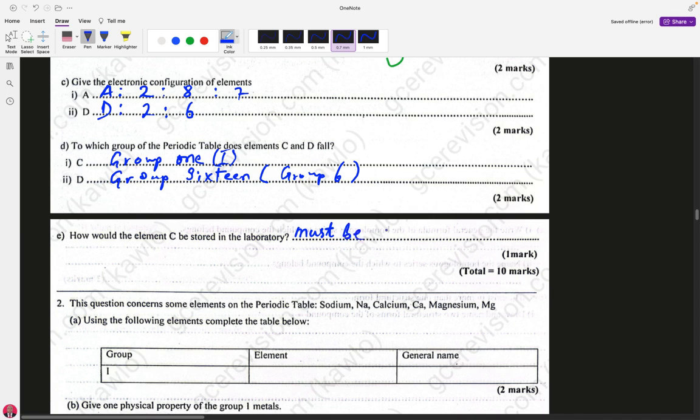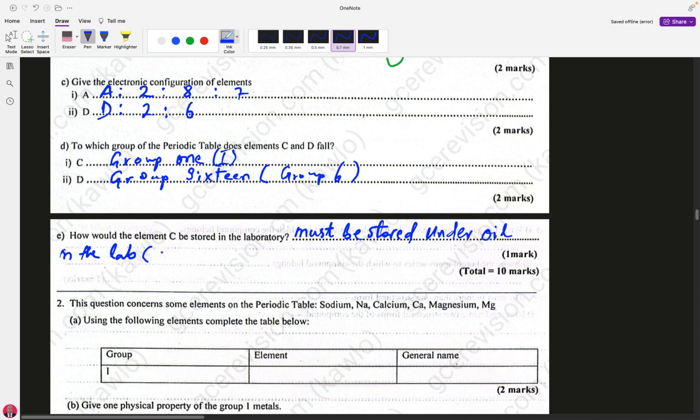Must be stored under oil in the lab to prevent its reactivity with oxygen. This one I'm just adding. So your answer is: must be stored under oil in the lab.